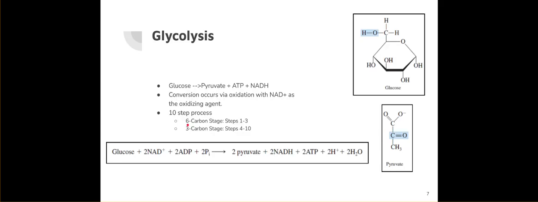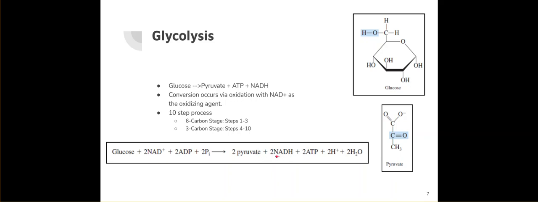So glycolysis is the first one we'll look at. So glycolysis is the breaking down of glucose, and ultimately we end up with that pyruvate, which will then get converted into that acetyl CoA and go into the Krebs cycle. So the overall reaction of glycolysis is glucose will react with two NAD pluses, two ADPs, two inorganic phosphates, and it will produce two pyruvates.